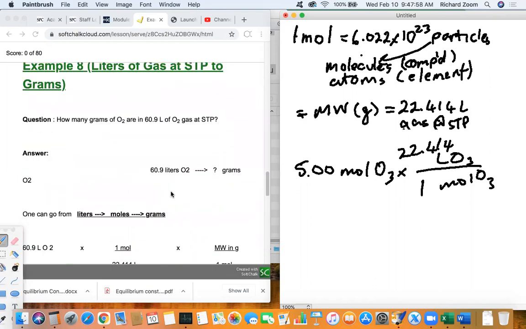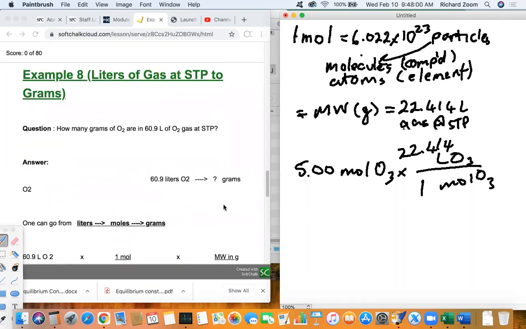Let's look at this next one here. Liters of gas at STP to grams. This one's an interesting one. This could be done in one step. It could be done in 2 steps as well, but if you're told that you need to do it in 1 step, this is how you would do it. So if you want to go from liters of O2 to grams of O2, we could put grams of O2 on top, liters of O2 on the bottom.